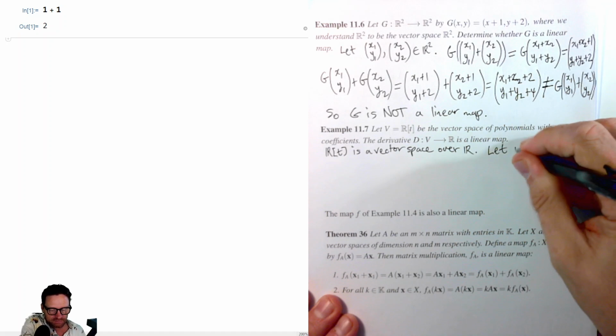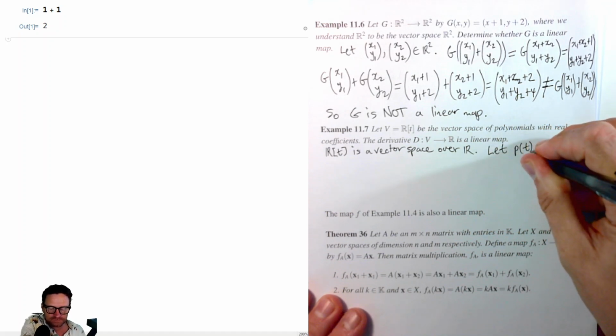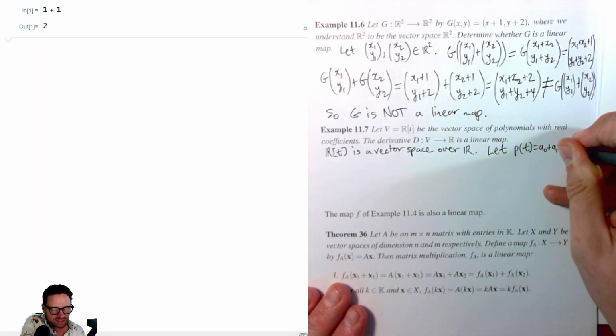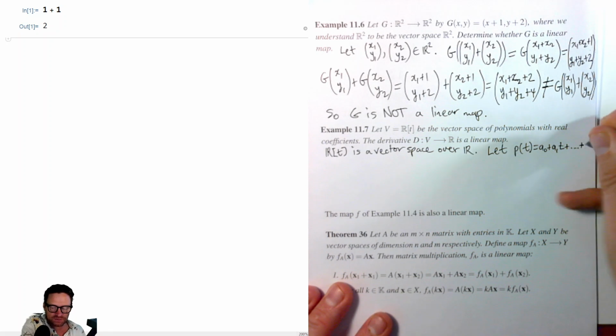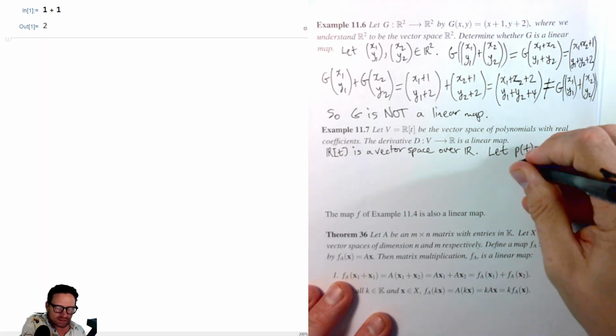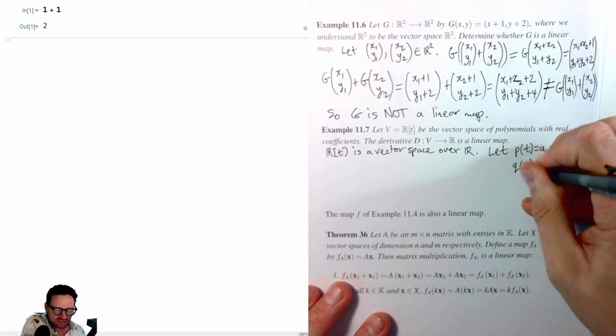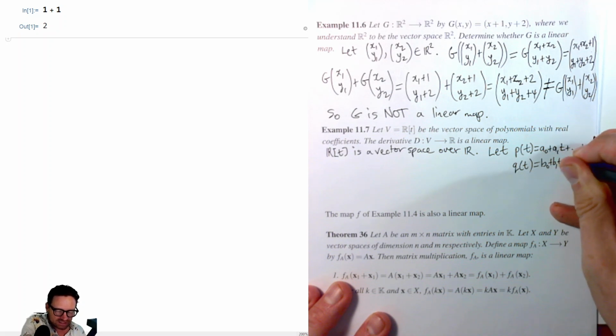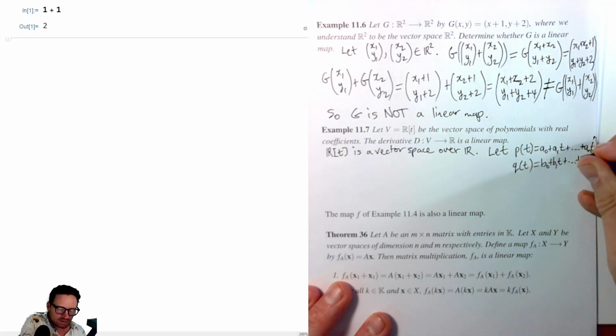So let P of T be equal to, say, a0 plus a1 T, and so on up to an t to the power of n. And let's let Q of T be b0 plus b1 T, and so on up to bm t to the m.